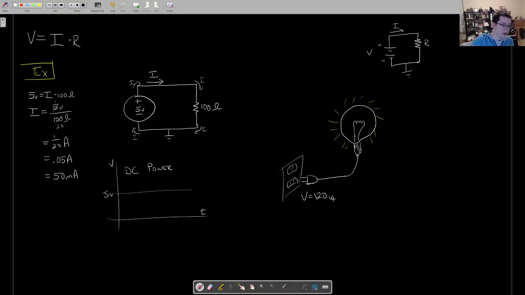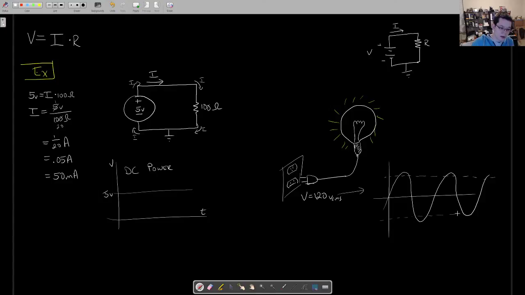If we look at this one, then what this one looks like is that, where this value is 120 volts-ish.